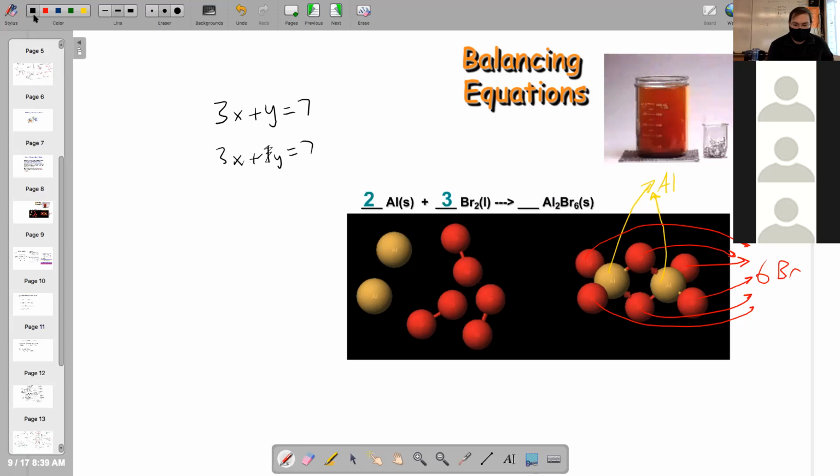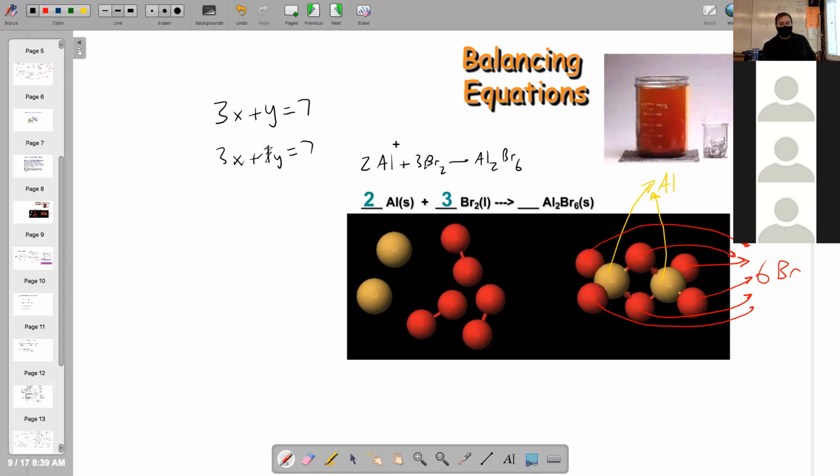So in the end, the chemical equation is 2Al plus 3 bromines, 3Br2, yields Al2Br6. You can also account for the right number of atoms by counting them up on each side. On the left-hand side, there's 2 aluminums, and on the right-hand side, because it says Al2, there's 2 aluminums.